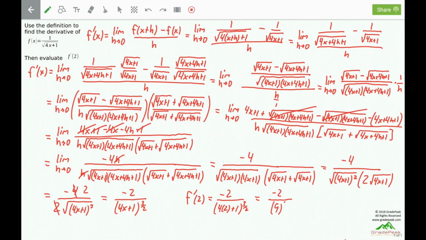So we have 9 to the 3/2. Now what the 3/2 means is to take the square root and cube it, or cube it first and then take the square root. You can go either order, but it'll be easier to take the square root first and then cube it. The square root of 9 is 3, so this is going to be negative 2 over 3 cubed, or negative 2 over 27.